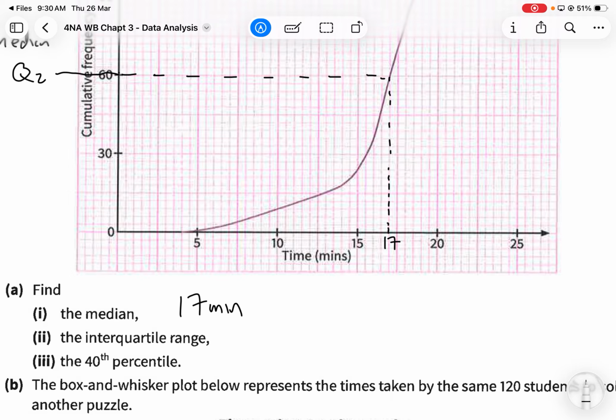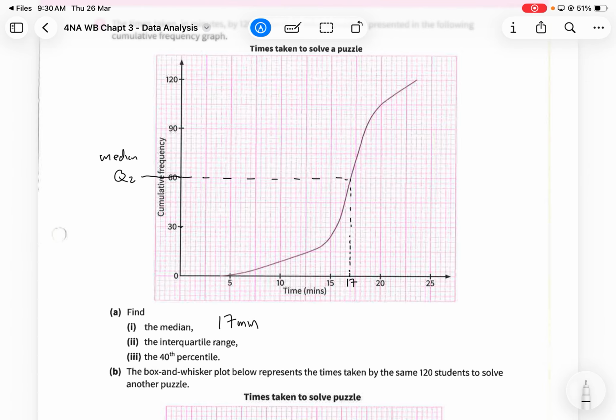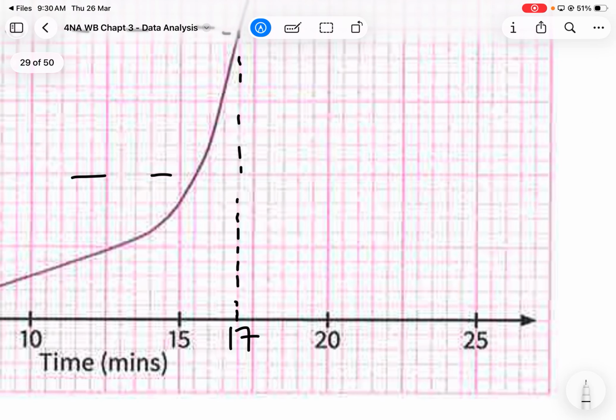To know my interquartile range, I need to know my Q1, I need to know my Q3. Half of half. So here is my Q1. Here is my Q3. Q1 is at here, 15.5.